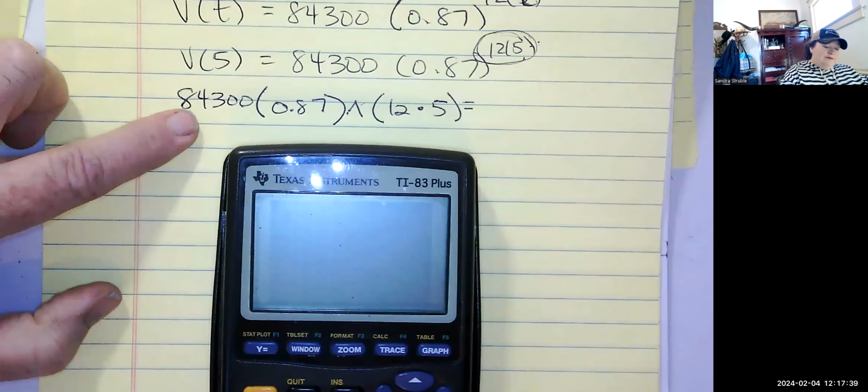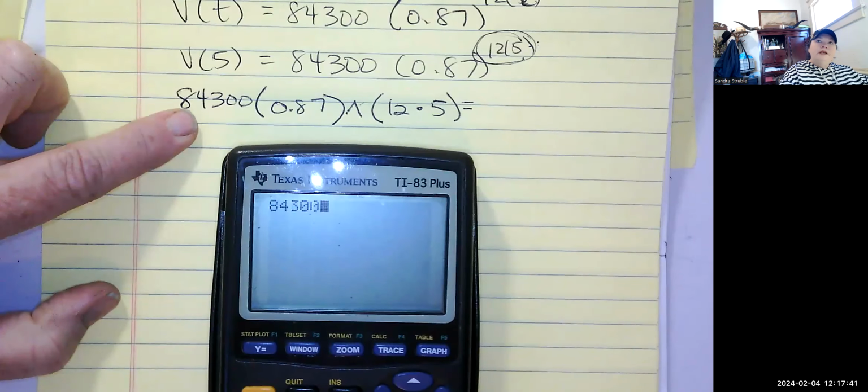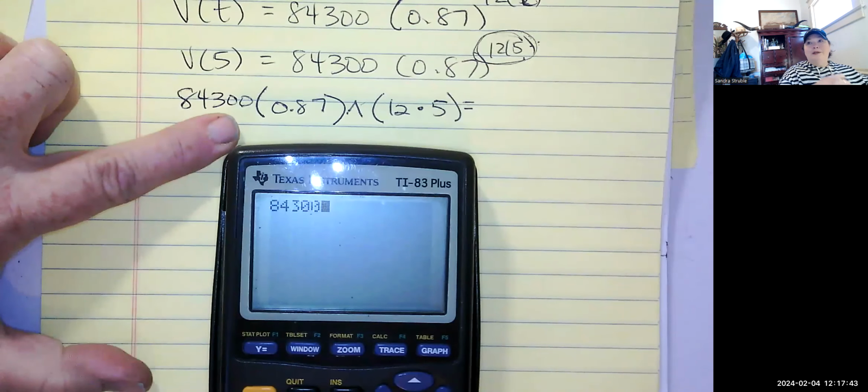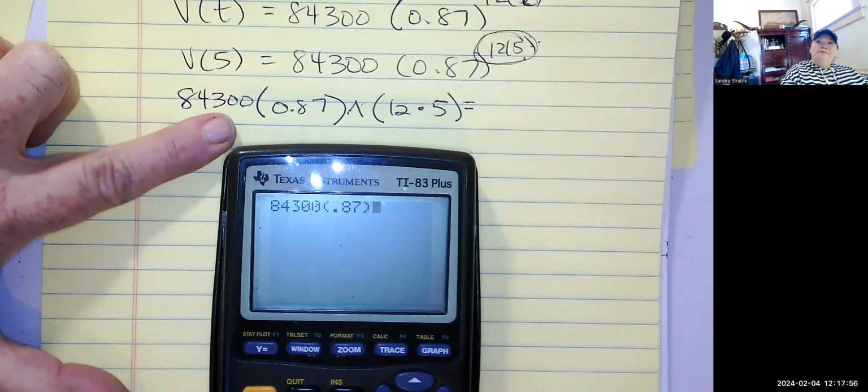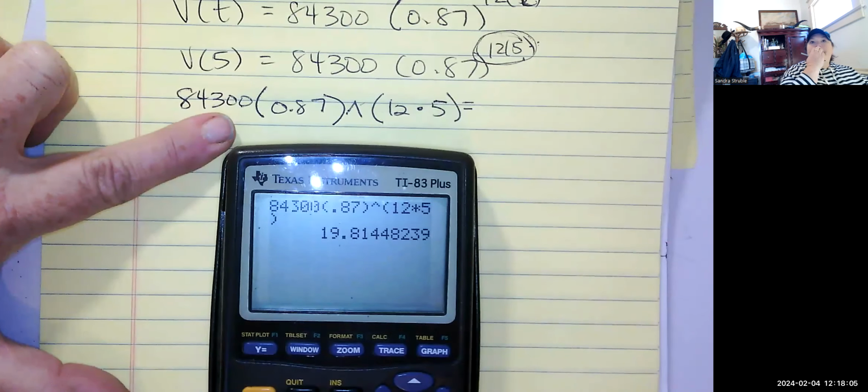So I'm going to type in 84,300 and get used to doing things like this, because when we get to the finance section of this class, you're going to put it all in at once. I beg of you to do that. So open parenthesis, 0.87, close parenthesis, caret, open parenthesis, 12 times 5, close parenthesis, equals.